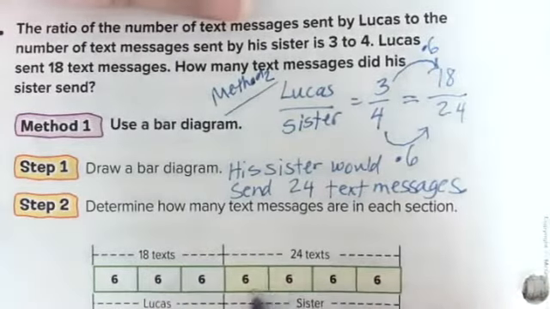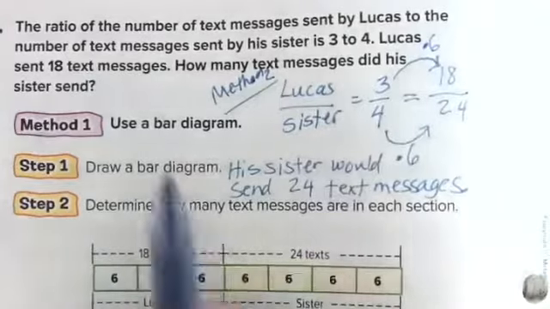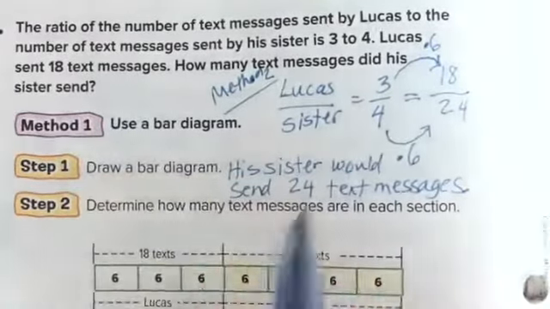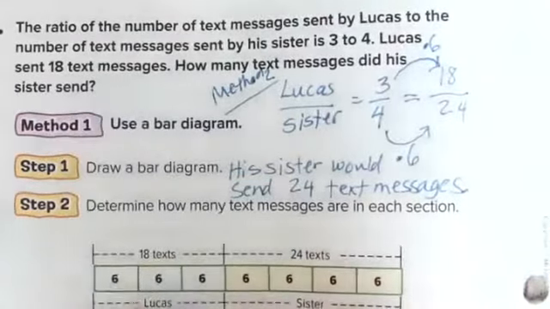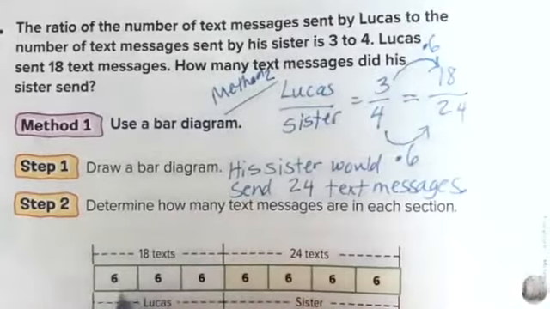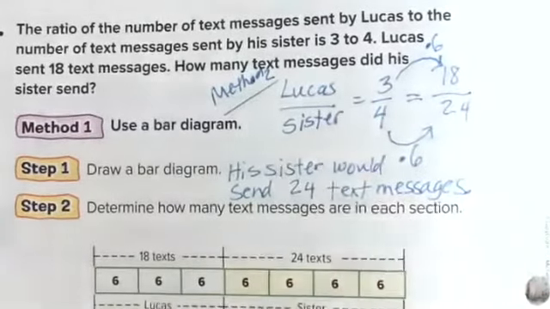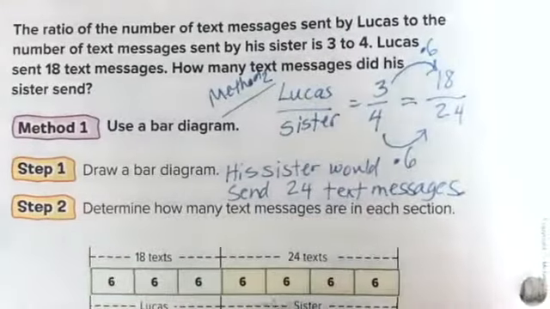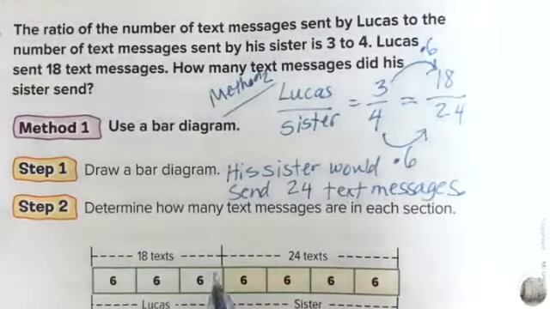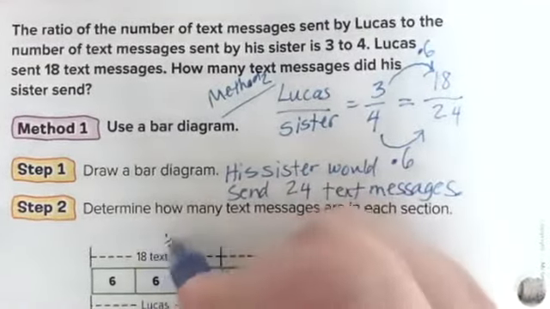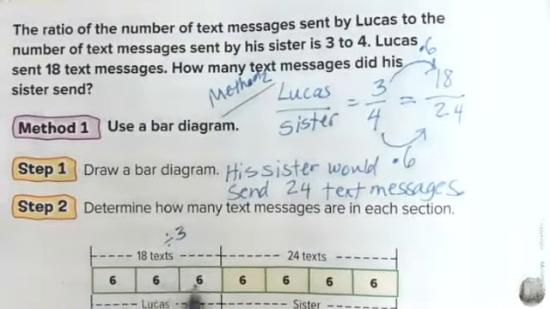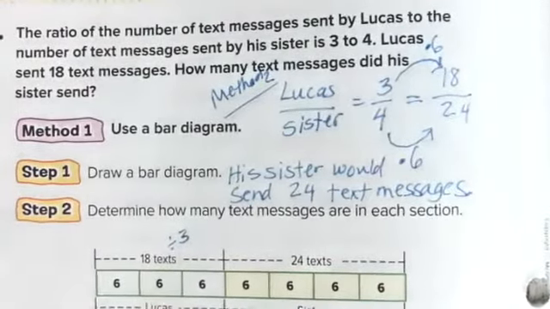Lucas sent 18, so we can draw his 18. 6 and 6 and 6 would give us 18. There are 3 parts. We take that 18, divide it by 3 to get the 6, and that's how we know to put a 6 in each of those boxes.